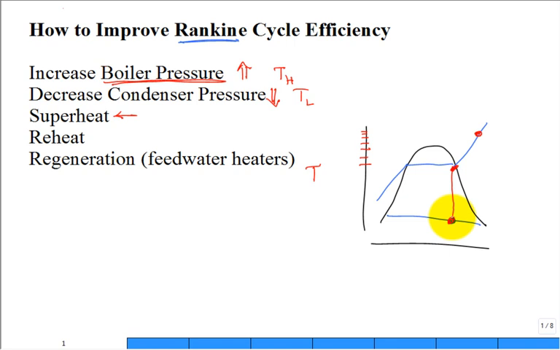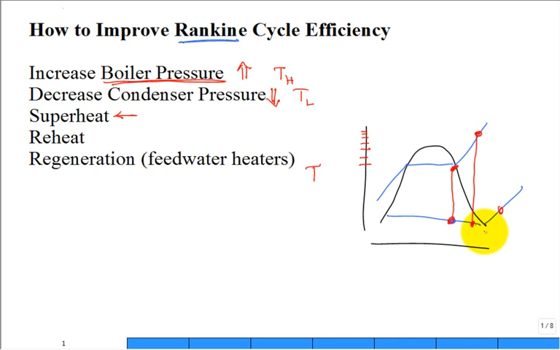Not good. So what you'd like to do is get it where it expands to maybe a higher quality steam. Maybe 95, 98%, 99% quality. You really don't want the steam to come out superheated, because then you're going to condense it and you're just wasting energy. You really want it to come out in a sweet spot of high quality. So superheating helps that too.